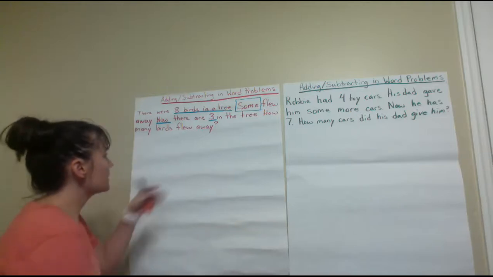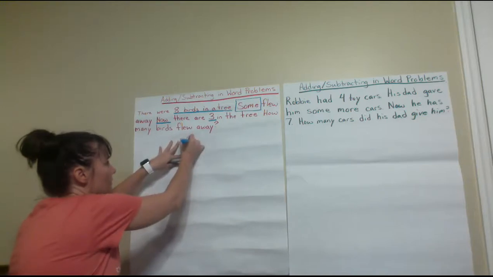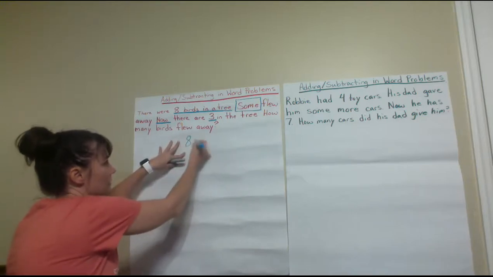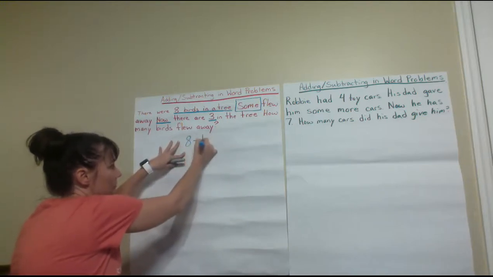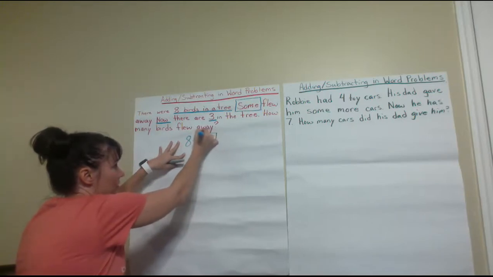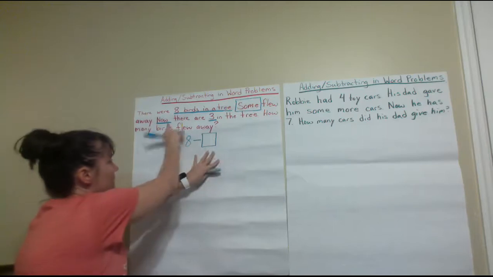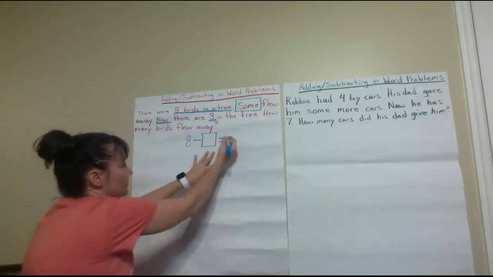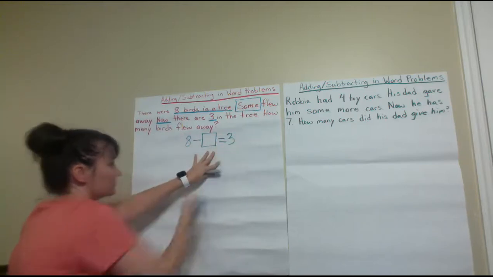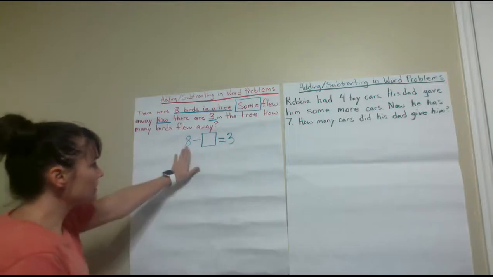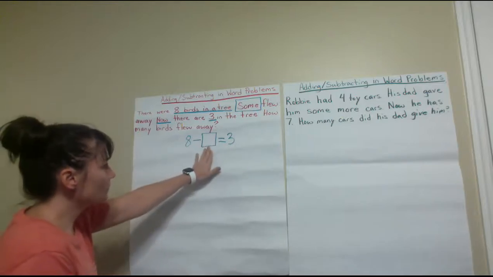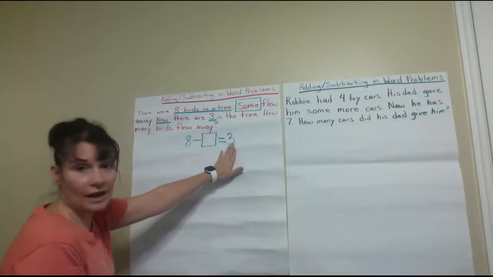So I might say there were 8 birds in the tree. Some flew away because I don't know how many flew away. Now there are 3. So there were 8, some flew away, and now there are 3.